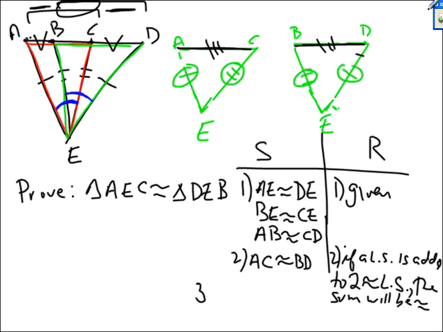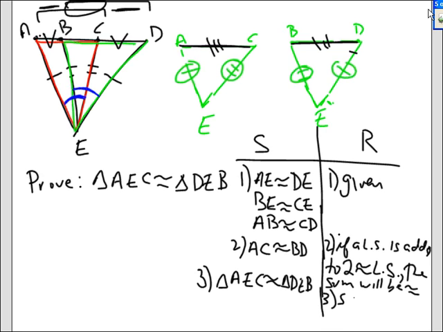So statement number 3 would be triangle AEC is congruent to triangle DEB, and the reason would be SSS is congruent to SSS. Sorry I didn't see it immediately.